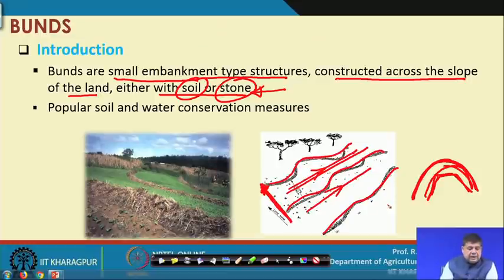And these bunds are popular soil and water conservation measures because of their ease of construction, ease of maintenance, and economics, that is, because they are inexpensive and can be built using locally available soil or stone. So, that is why these are one of the very popular soil and water conservation measures adopted in field conditions.